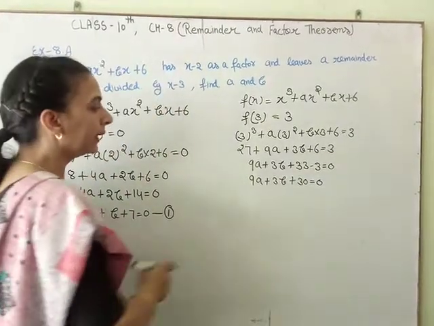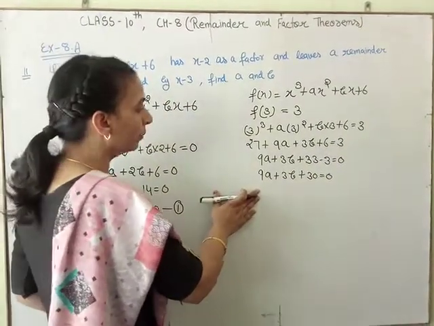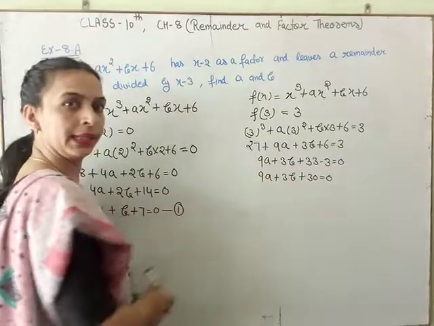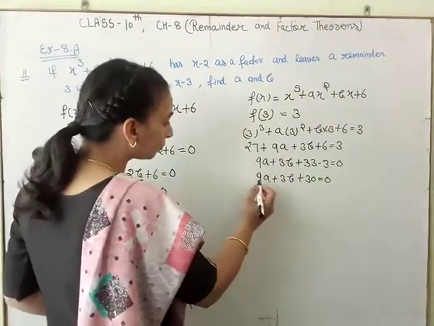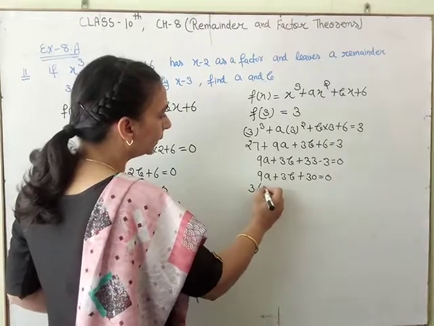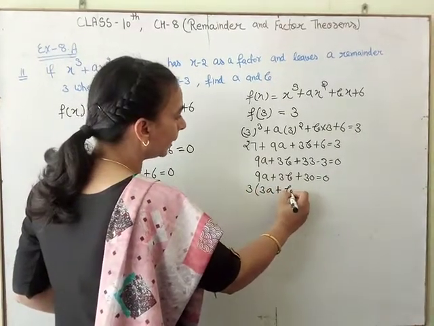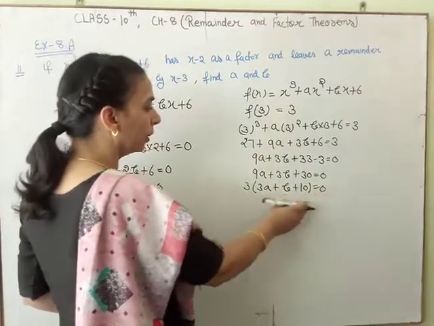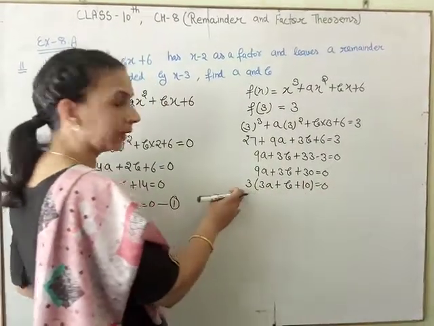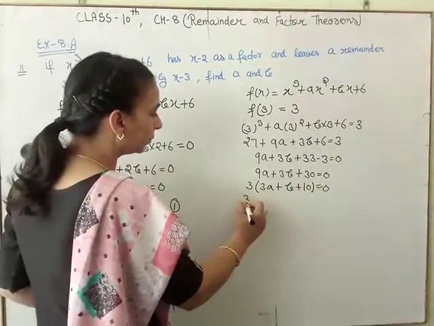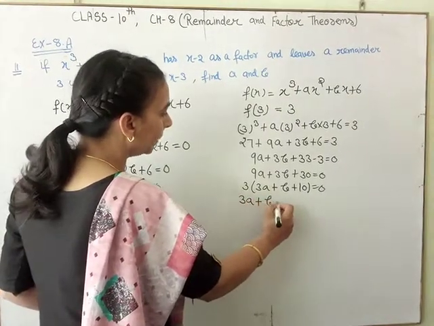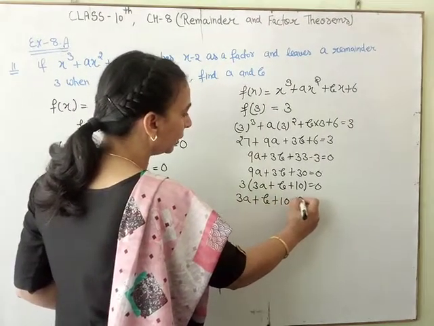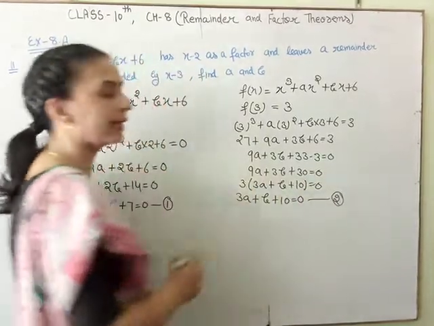Okay student, next we take 3 common, then 3a plus b plus 10 equals 0. That means either 3 equals 0 or this equals 0, but 3 is not equal to 0. So we have 3a plus b plus 10 equals 0, and this is equation number second.